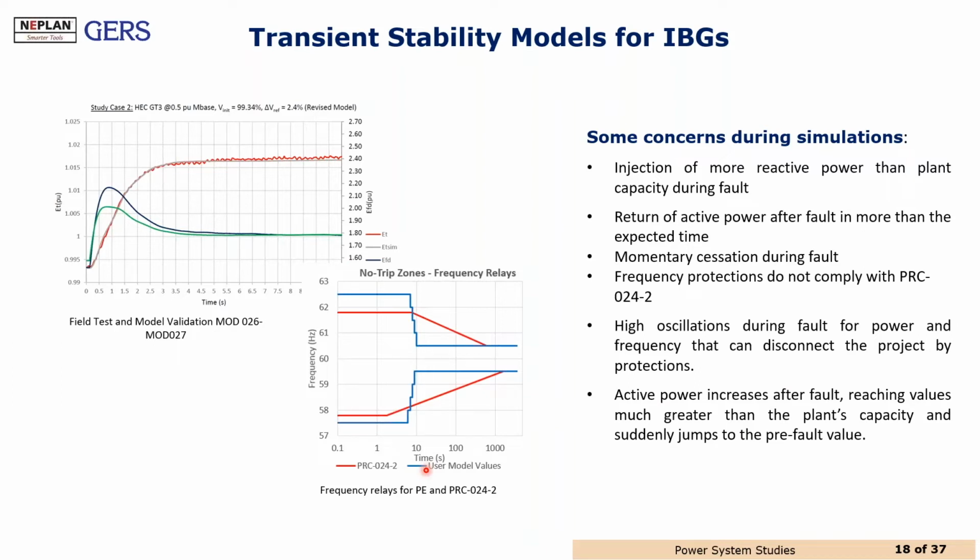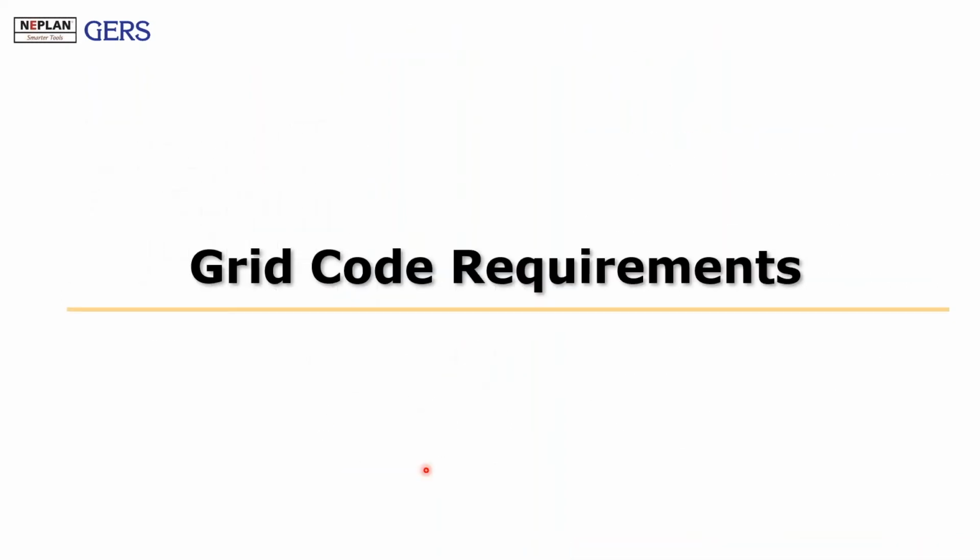Those results can get values greater than the capacity of the plant. Based on that, it is convenient to check what are some grid code requirements that we have to consider during the simulations. Let's talk about some of them.